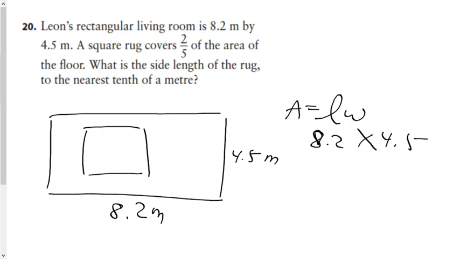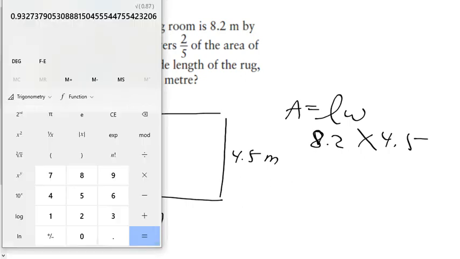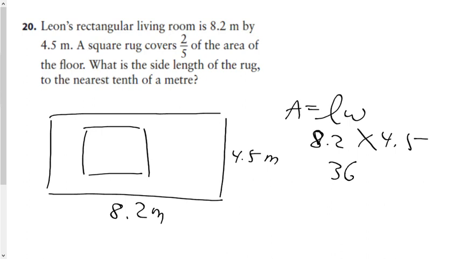Grab our calculator. 8.2 times 4.5 equals the area of the room. The area of the room is 36.9 square meters. But the rug has to account for 2/5 of that.